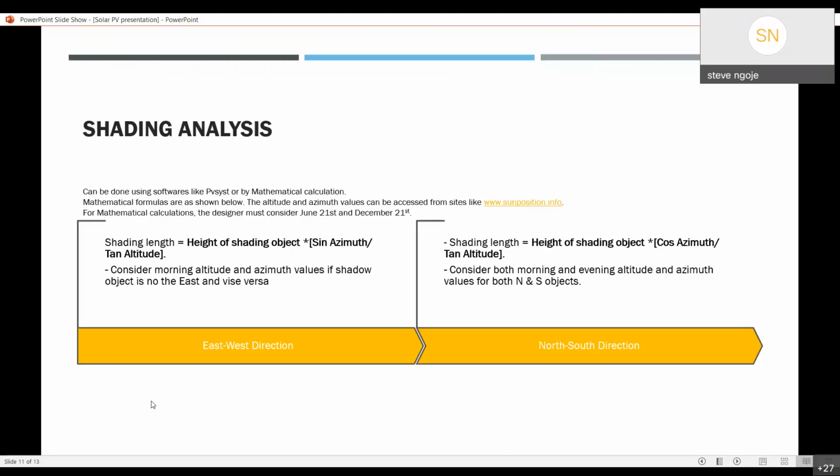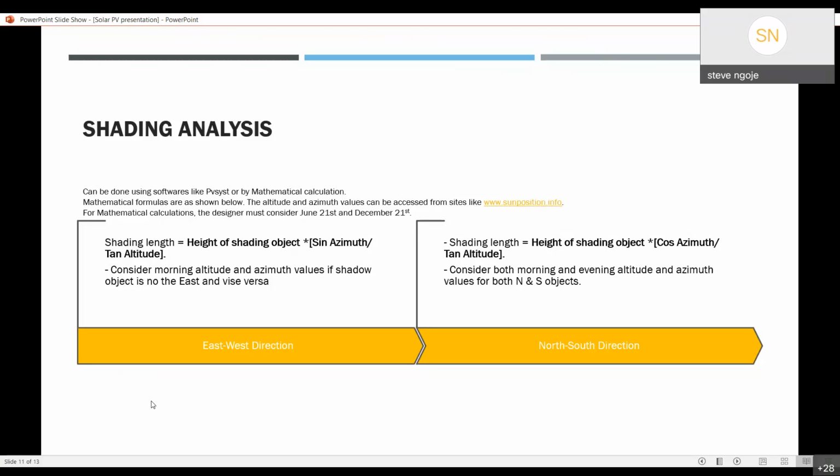For both azimuth and altitude, you can go to a site called sunposition.info, which I've indicated there. You input your location and the date, and it will give you the azimuth and the altitude per hour or every 30 minutes, depending on what you set.